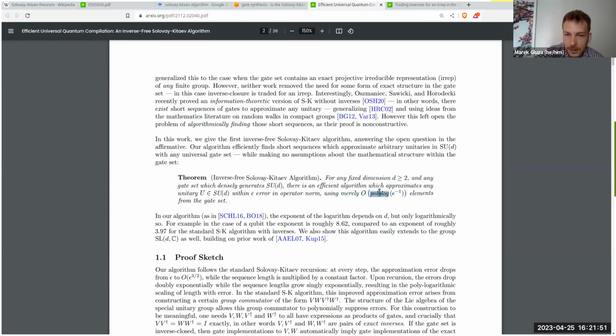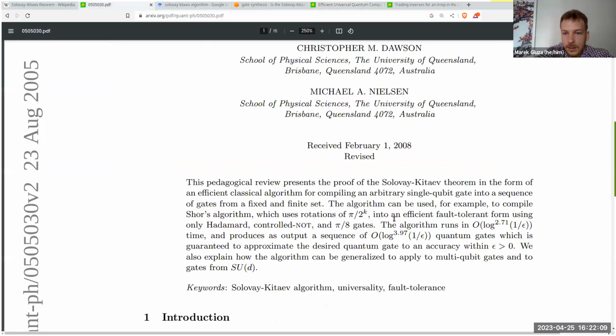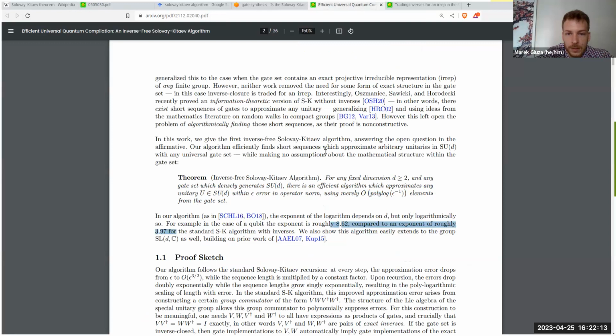Seeing this poly here, you should think there's a small trade-off that I don't need to change. Okay, so the exponent that we say is 862 compared to an exponent of roughly 397. And that's the exponent we see here. Okay, so we really connect to the classic paper.